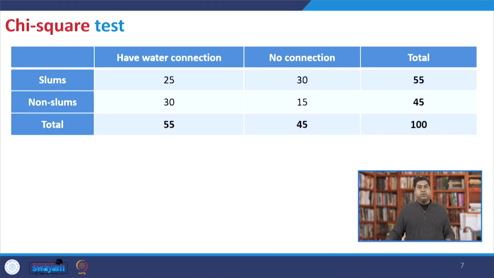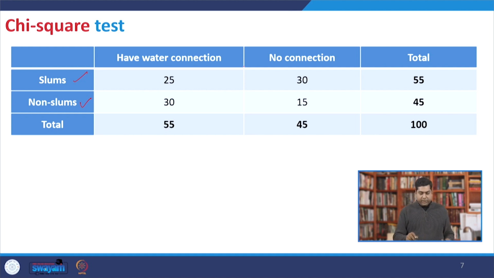So for this particular example, I'm taking a hypothetical case, and the values are also hypothetical. This is a table where in the rows we distribute the settlements into categories, slum and non-slum area, and then we are interested in whether there is any relationship between slum and non-slum with the water connection.